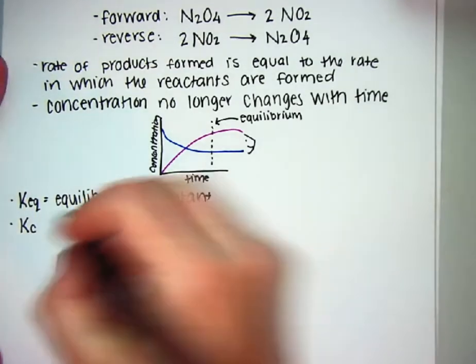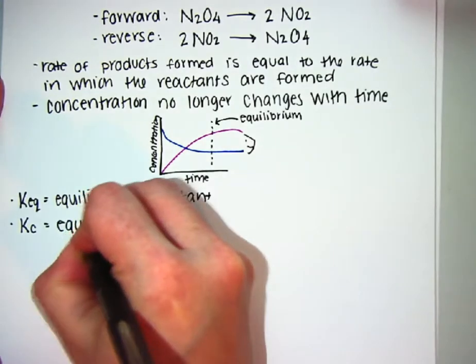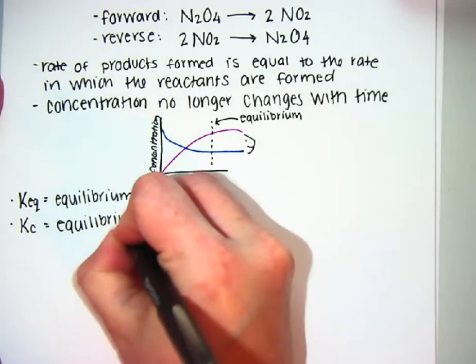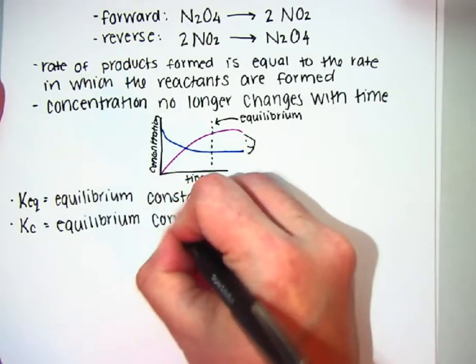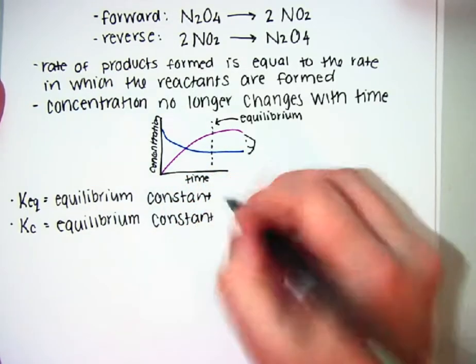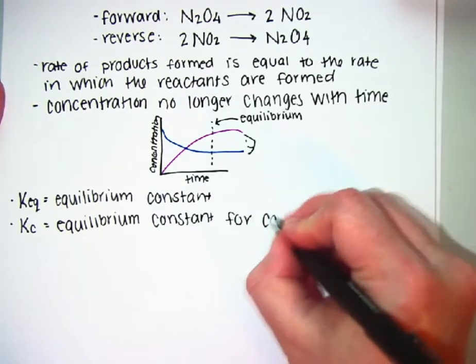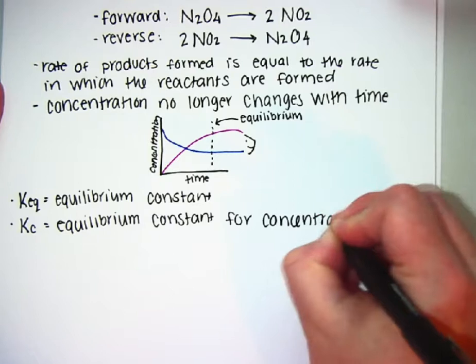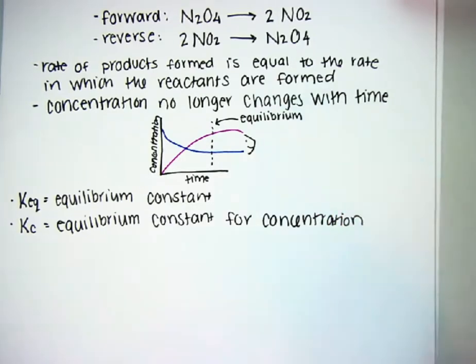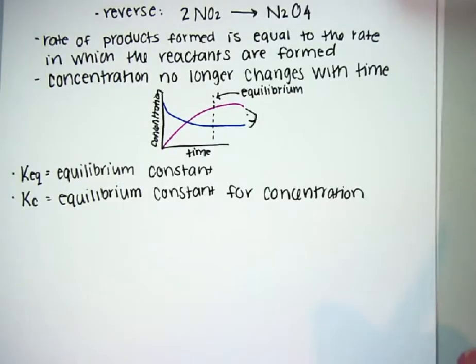K sub C, this is still an equilibrium constant for concentrations. So when we use molar concentrations to represent equilibrium, we're going to use Kc. Eventually we're going to talk about Ka for acids, Kb for bases. So know that that capital K represents our equilibrium constant, and then we change our subscripts depending on what we're using to describe that equilibrium.